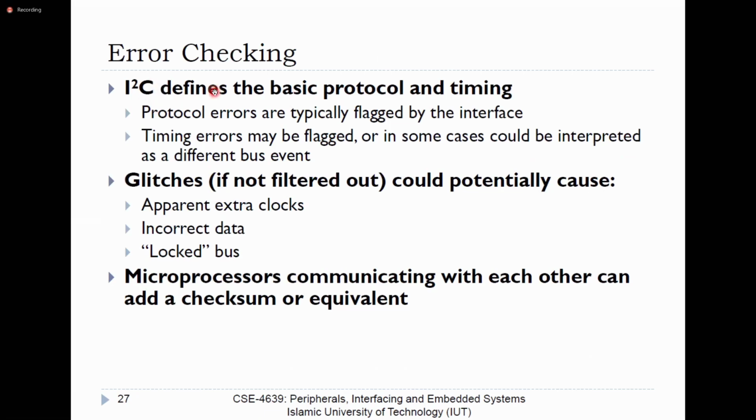The transition of the data should be maintained when the clock signal is in the low state. If any data transition is made when the clock signal is in the high state, that's an error. So we don't need any redundant bits, like CRC, parity or checksum.